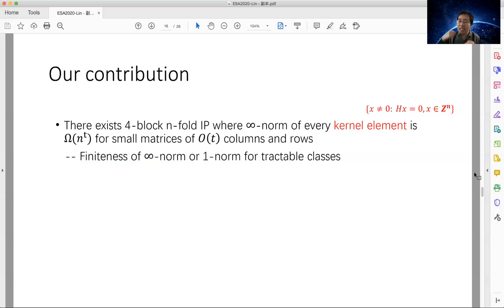By unbounded, I mean not bounded by any FPT value. As you can see here, it depends on n.